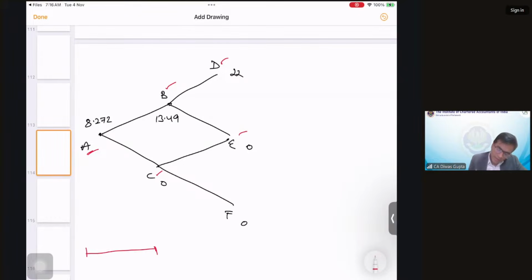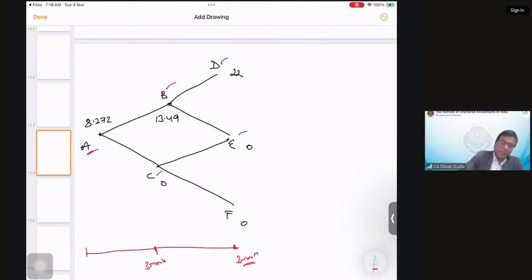3 months have been completed. I'm just taking it for an example, okay? After this till here, another 3 months have expired. So this is an overall 6 months binomial tree, wherein up to the first 3 months there are two possibilities B and C. Next 3 months, for B there are two possibilities. For C again there are two possibilities.